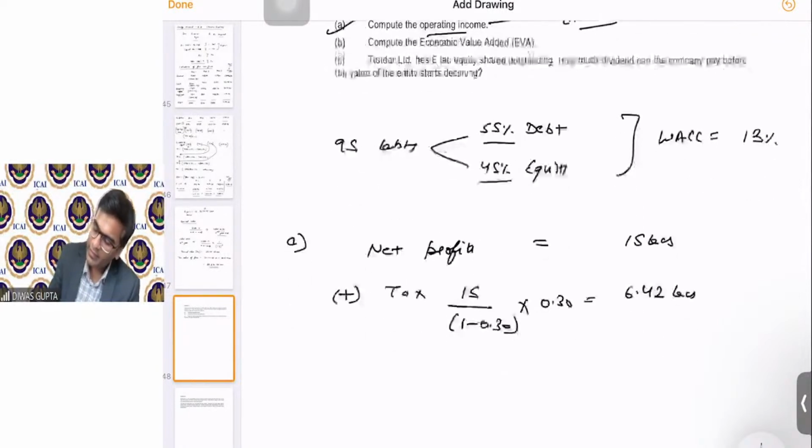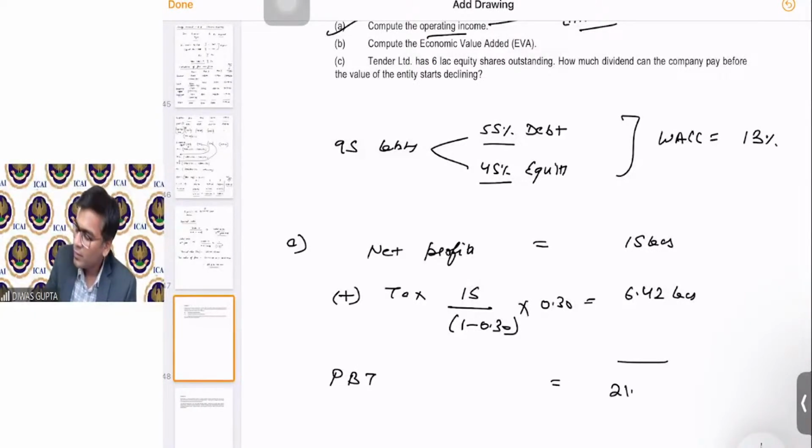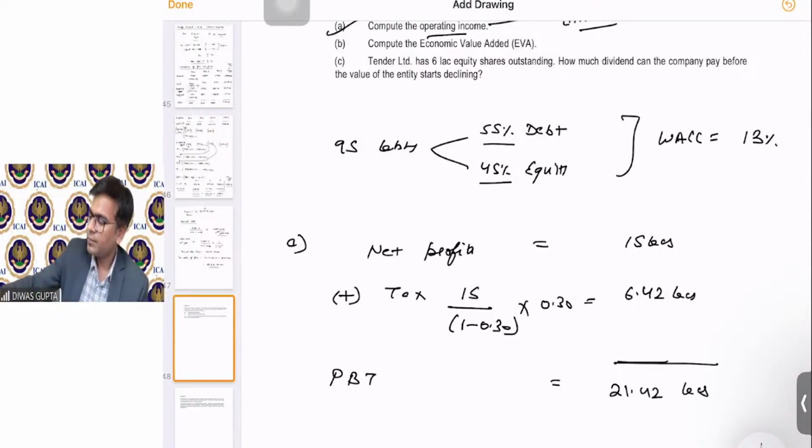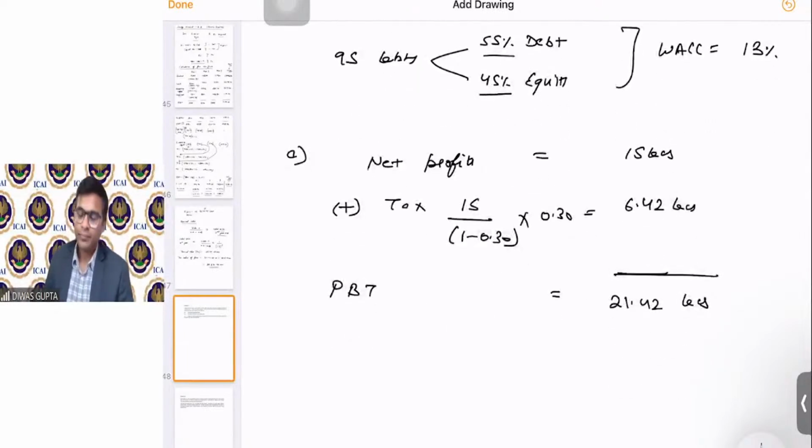In a way, I will say, okay. So the total profit before tax comes out to be 21.42 lakhs, correct? So this is our PBT, students.